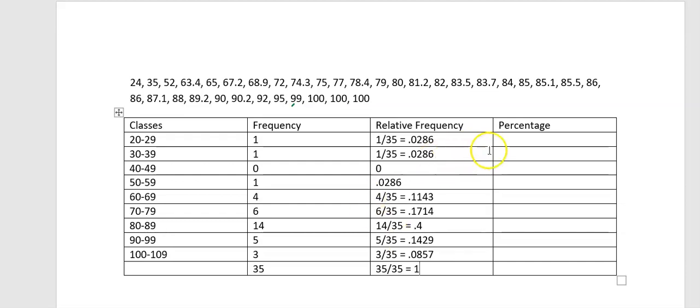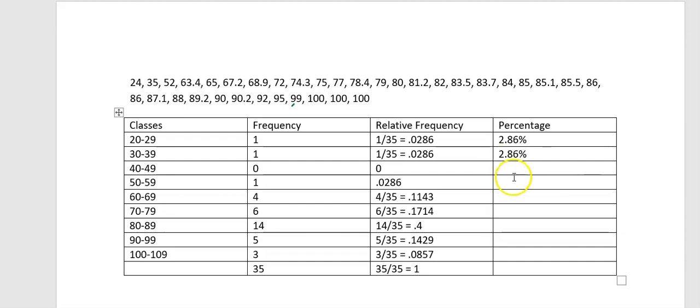All right, now percentages. Our relative frequency is just the decimal version of a percentage. So if we move our decimal 2 places, this is 2.86%. So we can expect in this class that about 3% are scoring between 20 and 29 on tests.